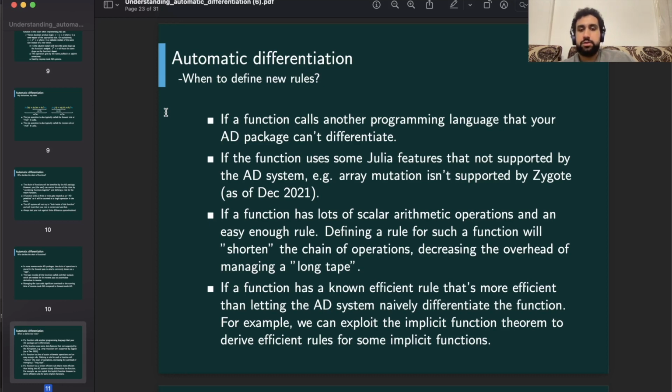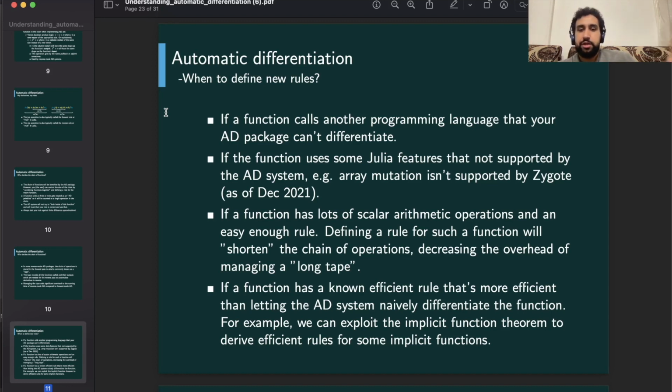Now, another case which I also touched upon is if a function has a lot of arithmetic operations, but all of these arithmetic operations can be squashed into a single macro or big function with an easy enough rule. So think of something like matrix multiplication. You can technically write matrix multiplication as a triple loop or 3 nested loops with scalar arithmetic, where you're multiplying things together and adding things together, right?